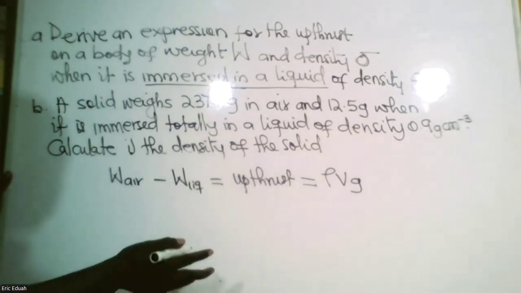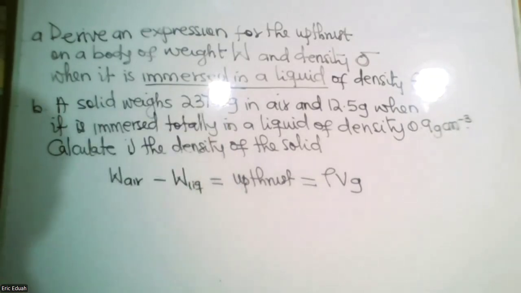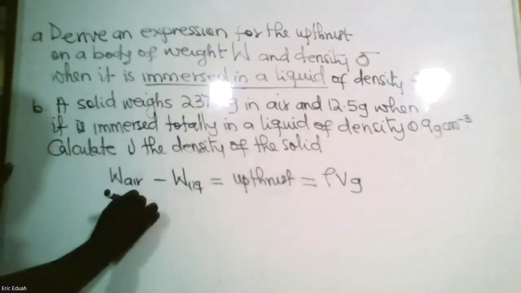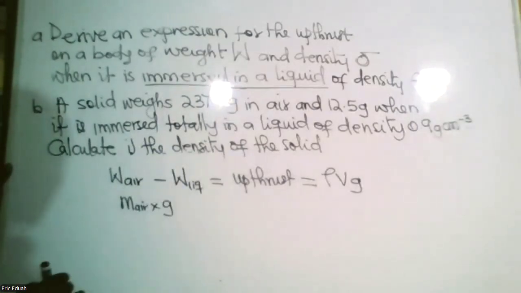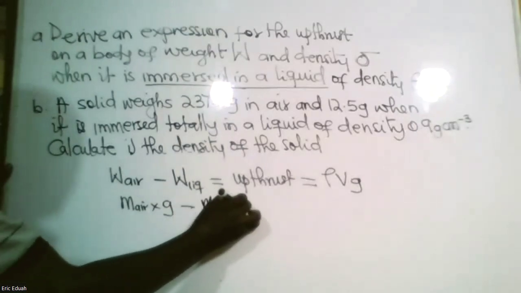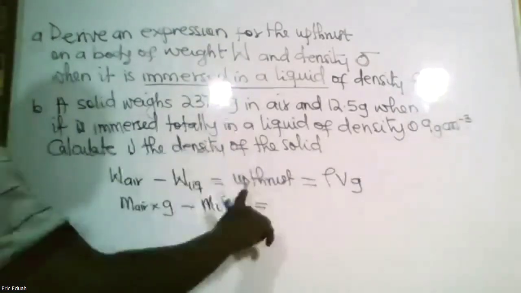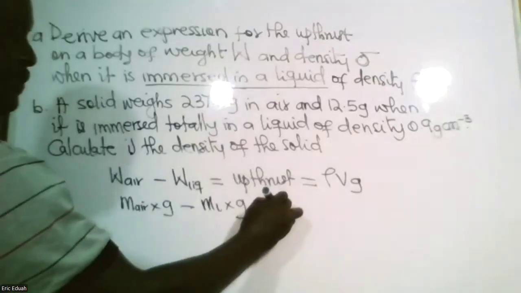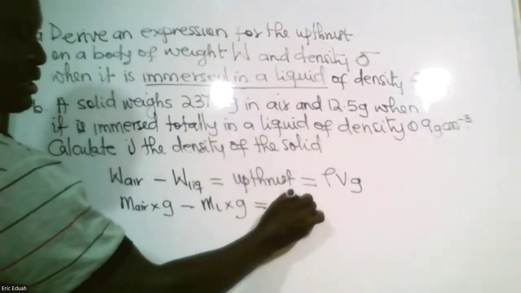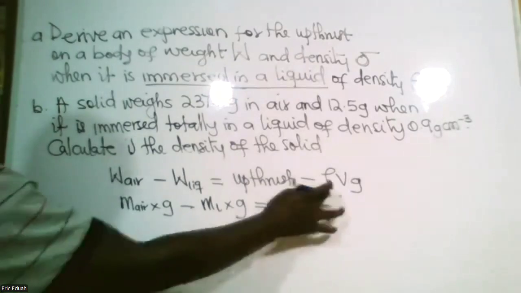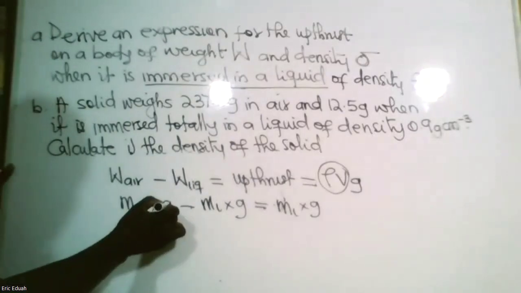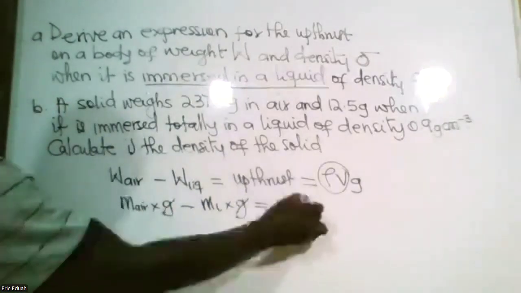We can express them as mass. Don't forget, weight in air will be mass in air times gravity minus mass in liquid times gravity, which is equal to the weight of the liquid displaced, which is the upthrust, rho times volume of the liquid displaced times gravity. And this is what we have expressed as rho v.